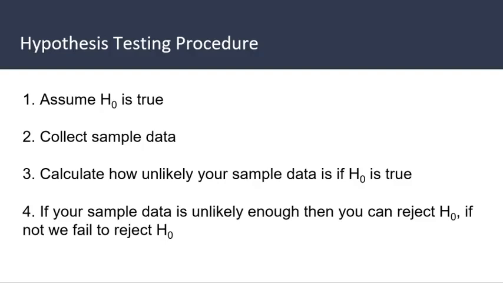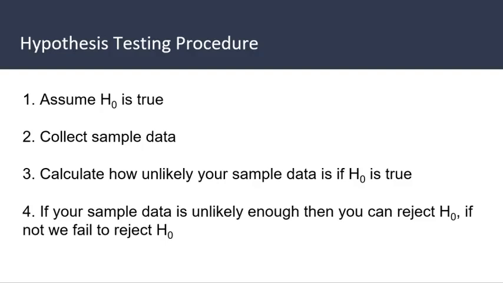So here's a generalized process. We're going to do the actual details in the calculator in the next lesson. But what you need to understand is, we assume the null hypothesis is true. We collect sample data, which is what we did last class where we had 32 out of 50. And then we calculate how unlikely our sample data is. That's why we did that whole thing with the little simulated shooter and the dot plot. We wanted to know what are the chances of an 80% free throw shooter only making 32 out of 50.